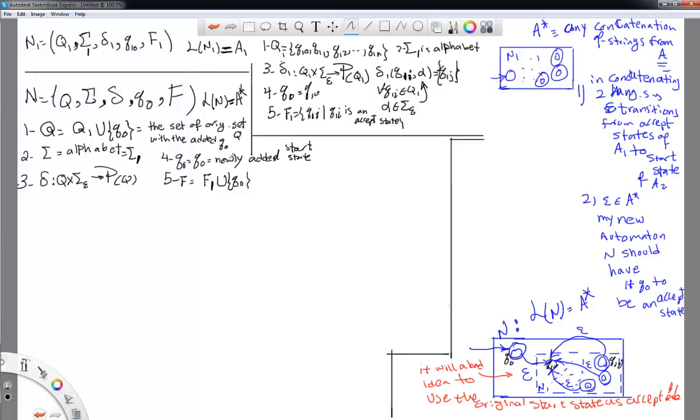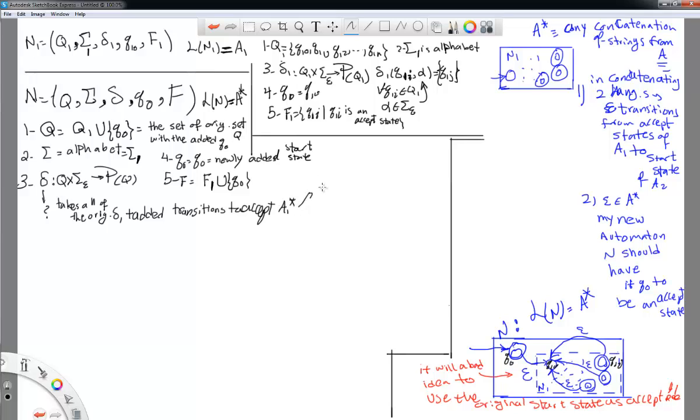So how will my transition be? How would I define delta? What should this do? Delta basically takes all of the original delta sub 1s, so that's nothing really complicated, plus the added transitions to accept A sub 1 star. And what would those be?